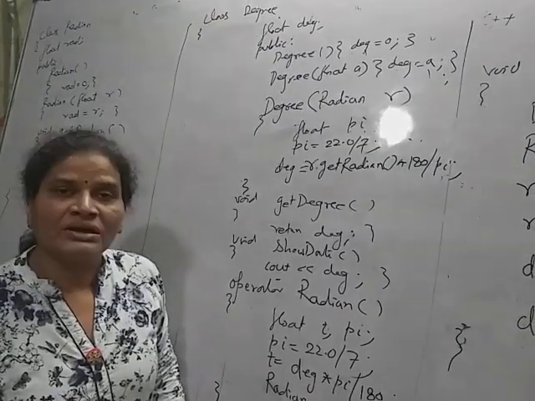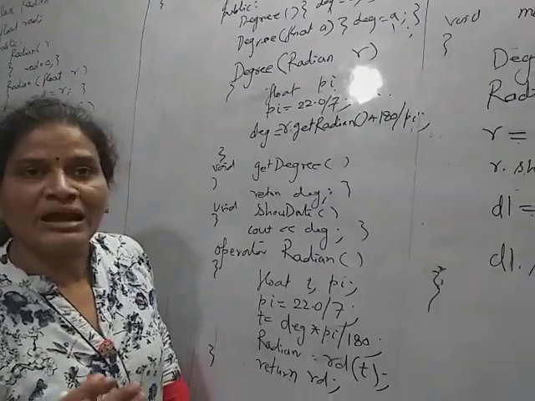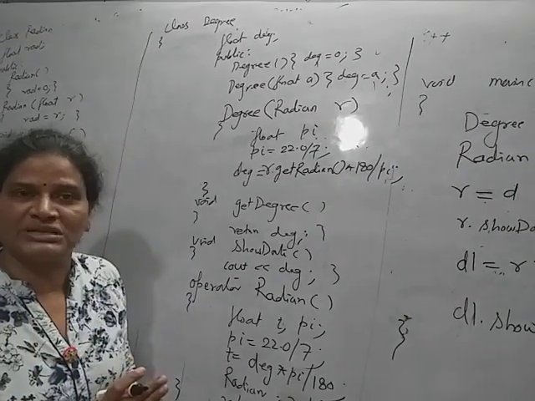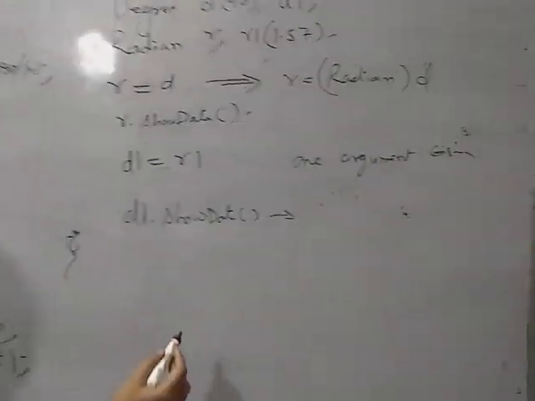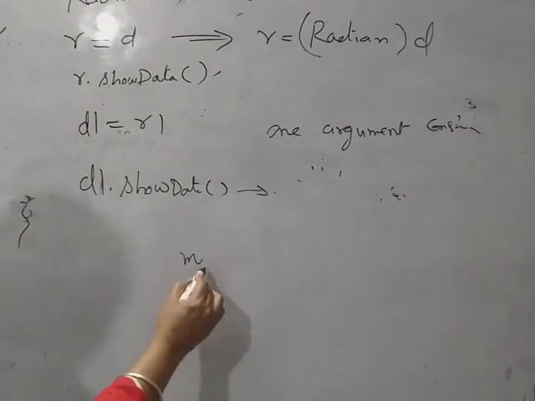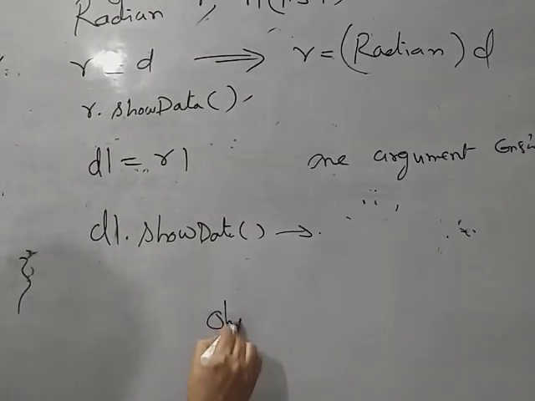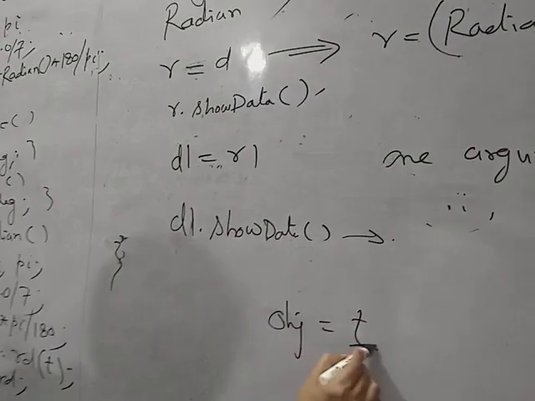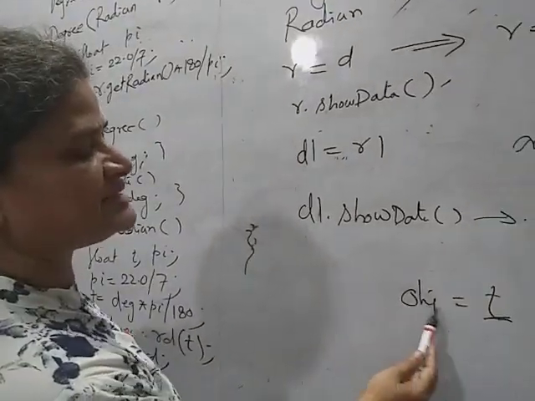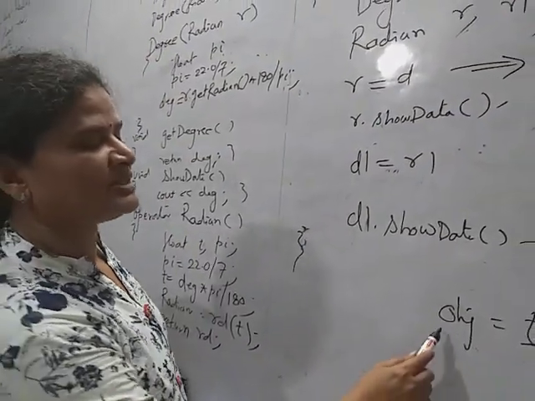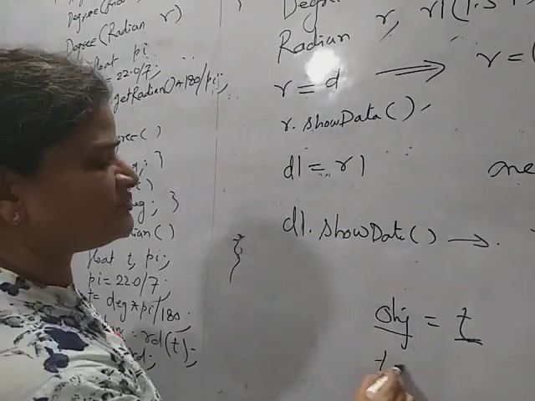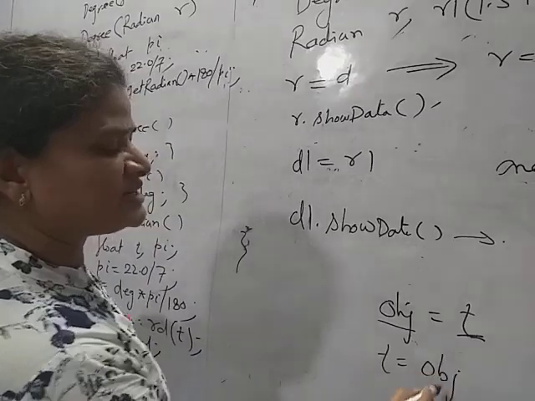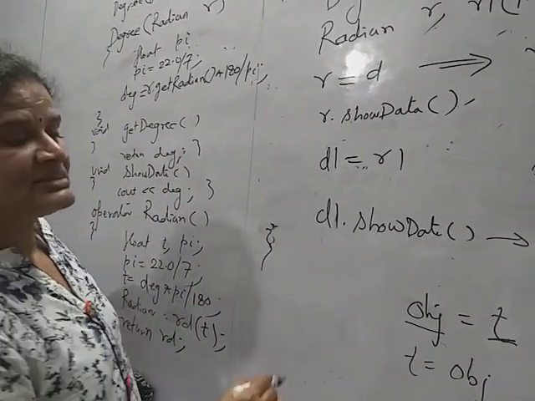Suppose you are converting a basic type into a user defined data type, say t is the basic type. Then in the destination object's class you write a one argument constructor. The second, if you want to convert an object into a basic type, then you write a conversion routine in the source class.